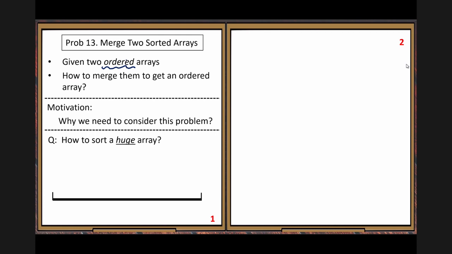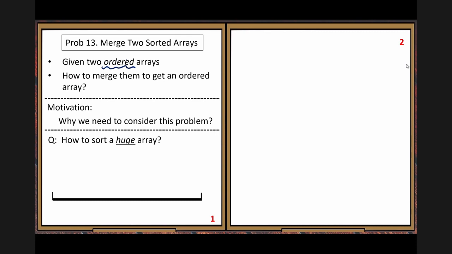But imagine this time our data is too large. We cannot load the whole array. You can only load a subarray into the main memory, but you cannot load the whole thing. That could happen.